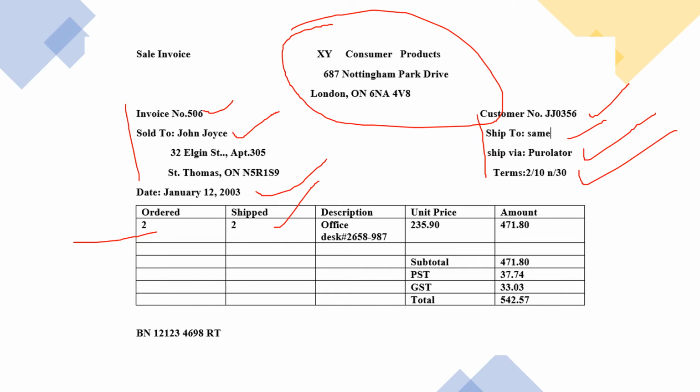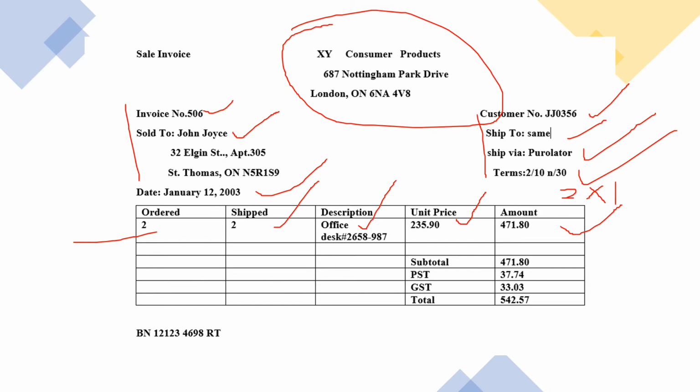Here we have the description of the item that was bought, and then the unit price. So how do you get the total? The number ordered, which is 2, times the price.